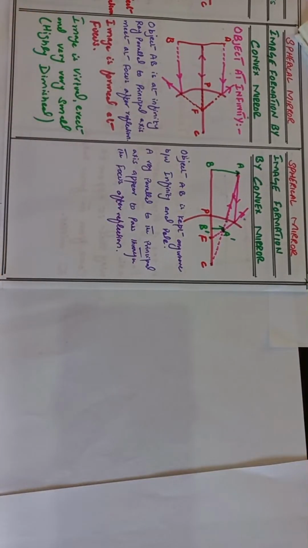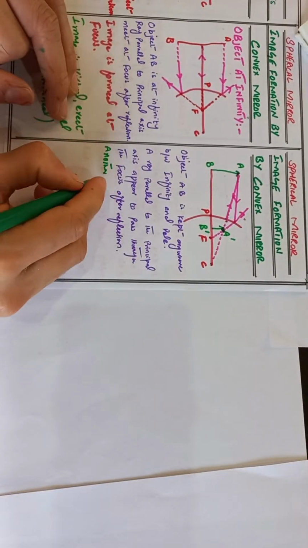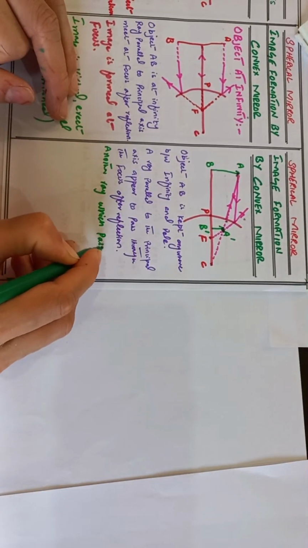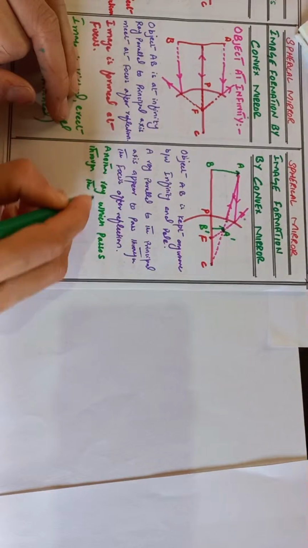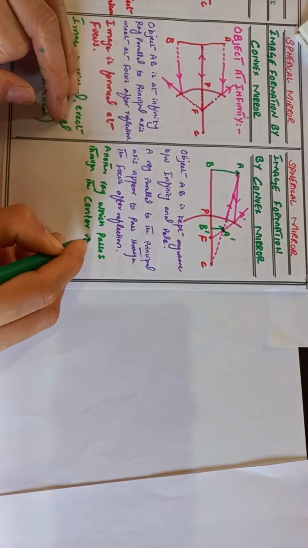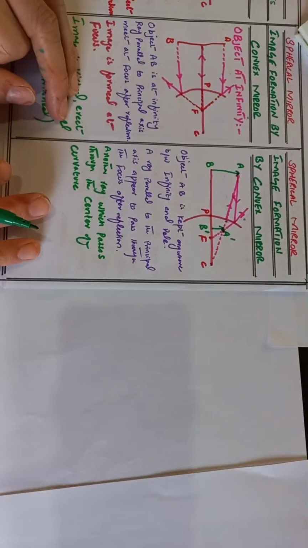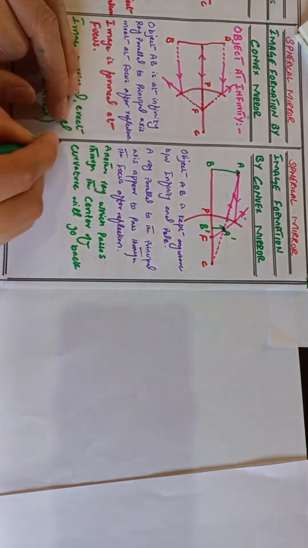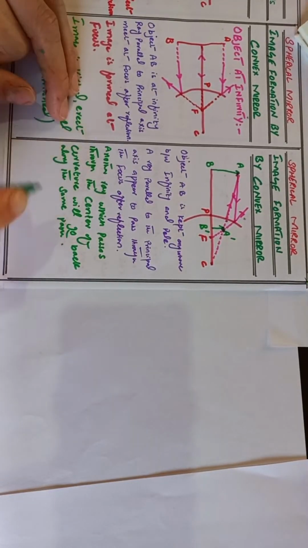Now we discuss another ray. Another ray which passes through the center of curvature will go back along the same path.